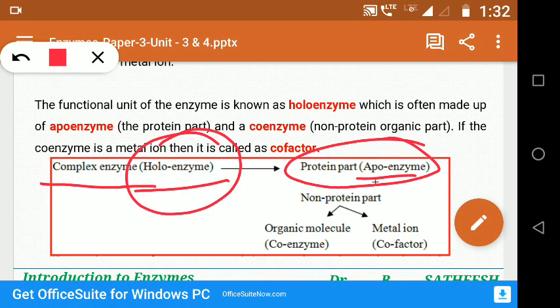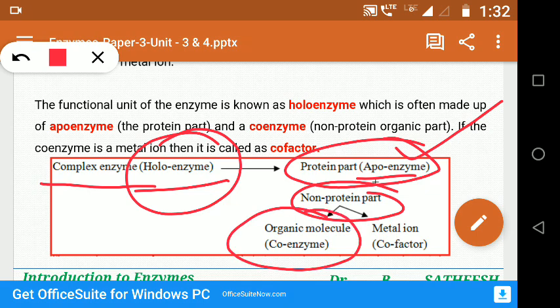That complete enzyme contains a protein part, which is also known as the apoenzyme, and a non-protein part, like NADH or FADH2 or anything else. If the non-protein part is an organic molecule like NADH or FADH2, it is called a coenzyme.